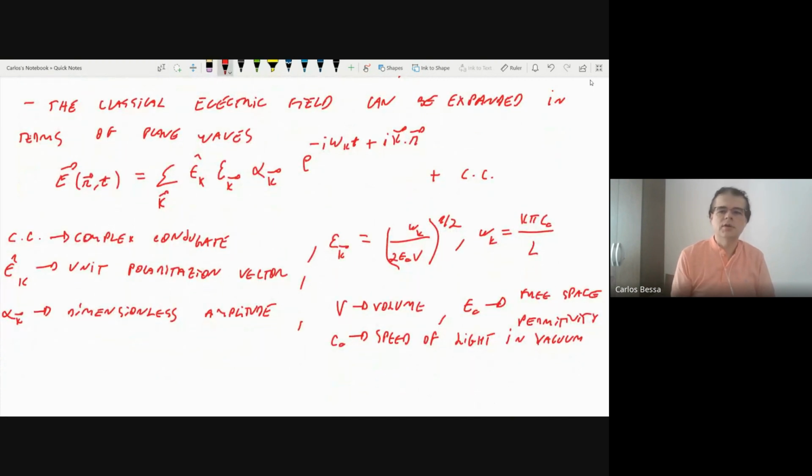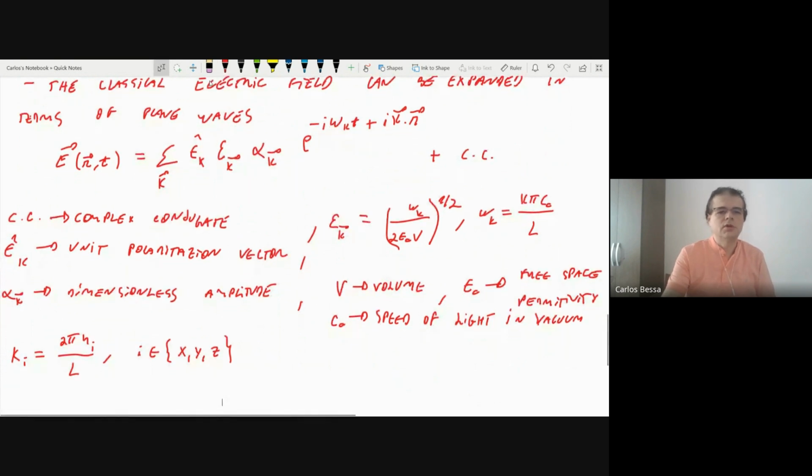Okay, and this k here is a vector, so it has three dimensions. In a cavity, when the field is closed in a cavity, k has components along x, y, z, okay?